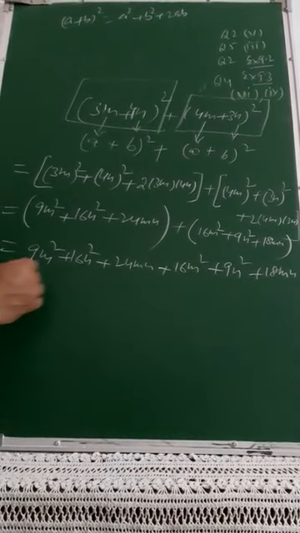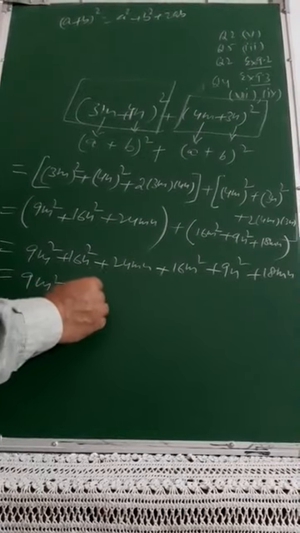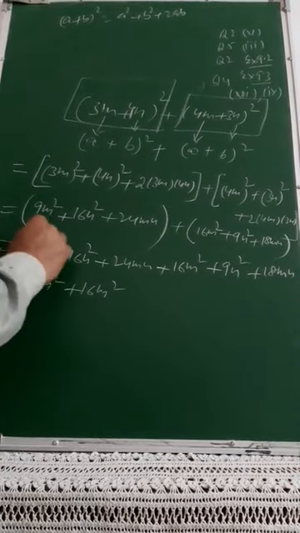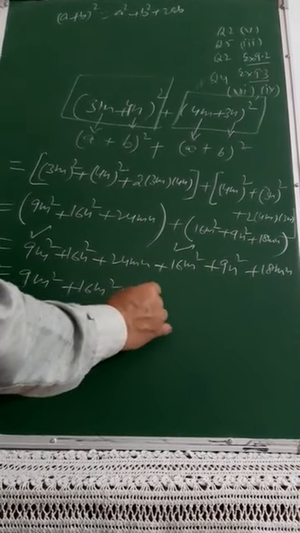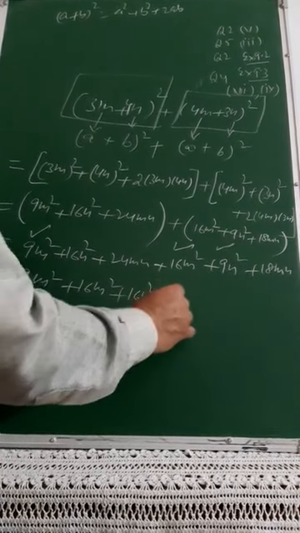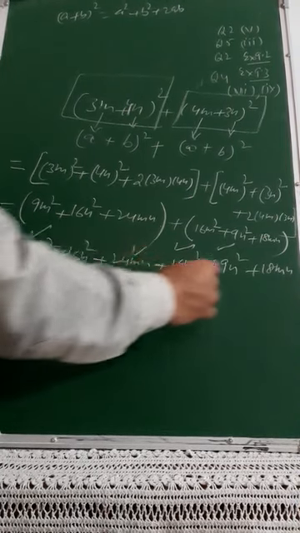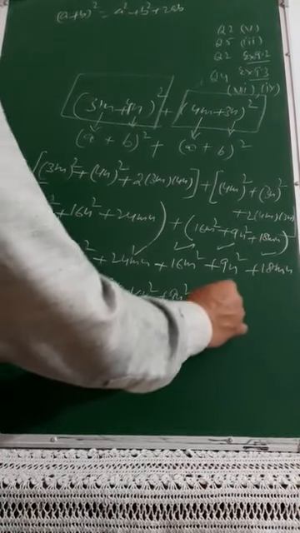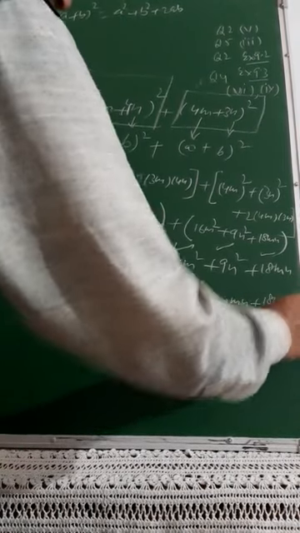Now write the like terms together. 9m square plus 16m square, then 16n square and 9n square, and finally 24mn plus 24mn.